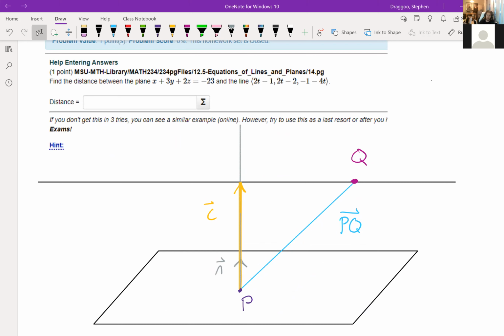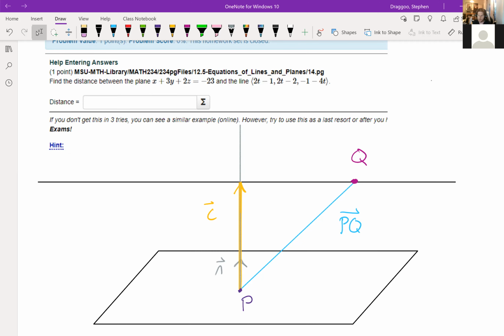If we're looking to get the distance between a plane and a line, then probably that means it's just going to be the same as the distance between some point and the plane, because I can just pick any point that's on the line and calculate the distance to the plane.